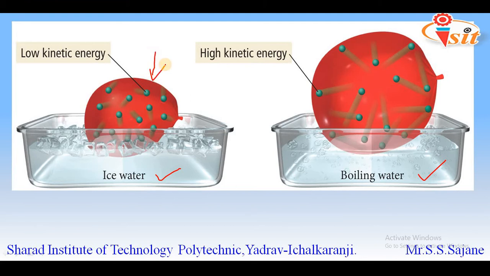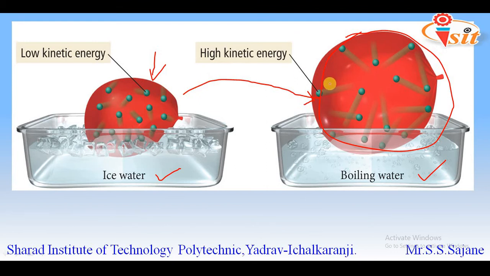If we take this air-filled balloon initially in the container having ice water, and then take the same balloon into the container having hot water, then we can observe that the volume of the balloon will expand. You can simply observe the change in the size of the balloon that has taken place.